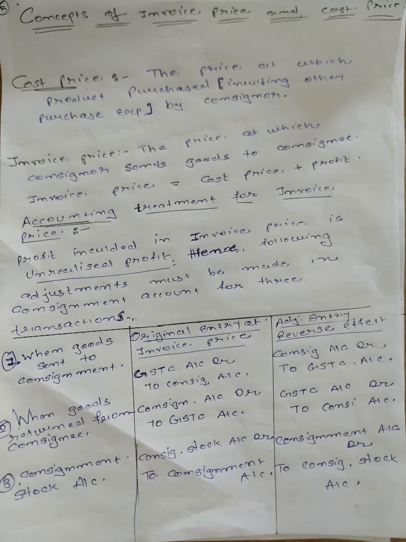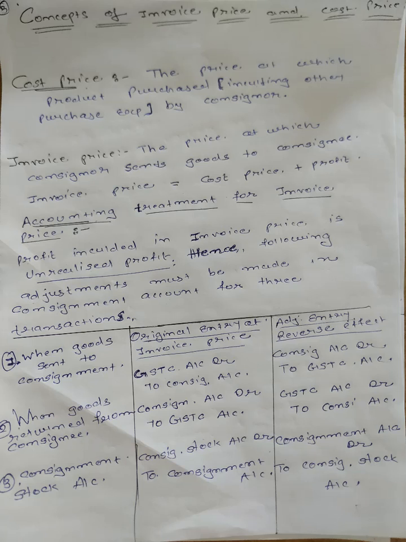If stock is valued at invoice price, you write on the credit side of the consignment account, and the consignment stock account should be debited. So the original entry is closing stock account or consignment closing stock account debited to consignment account, and consignment account debited to consignment stock account is the reverse entry.